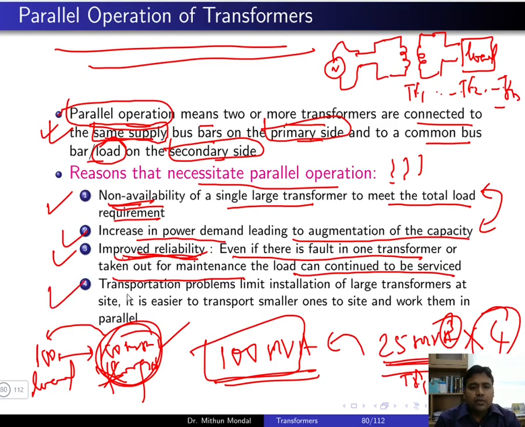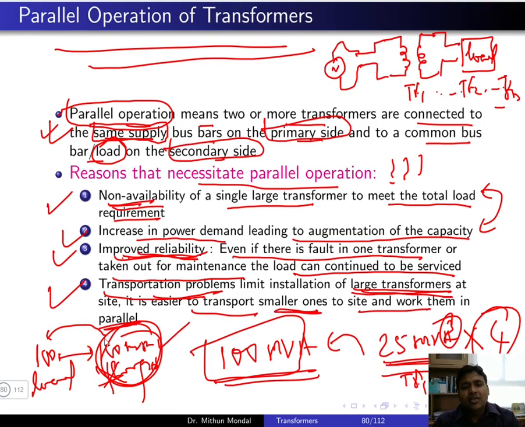The fourth problem, or the solution, is the transportation problem. In areas like hilly areas, it is very difficult to transport a big transformer, so a large transformer is not possible to carry. It is easier to transport smaller ones to the site and work them in parallel.